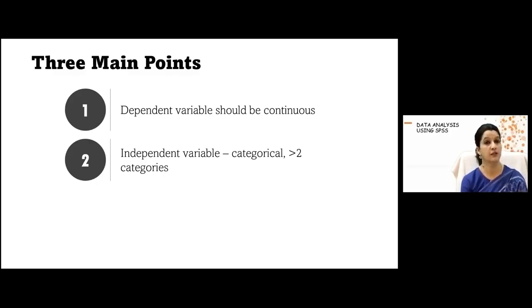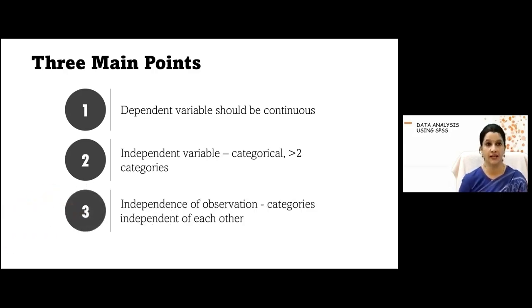There should be more than 2 categories, and there should be independence of observation. I am reiterating it time and again, because this is a very important difference between a paired t-test and an independent sample t-test, and between repeated measures ANOVA and one-way ANOVA.